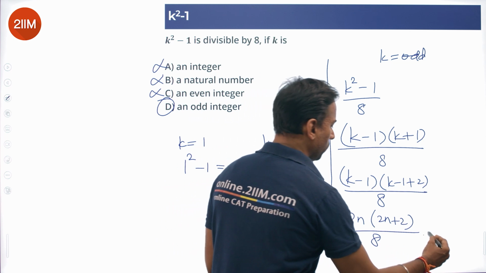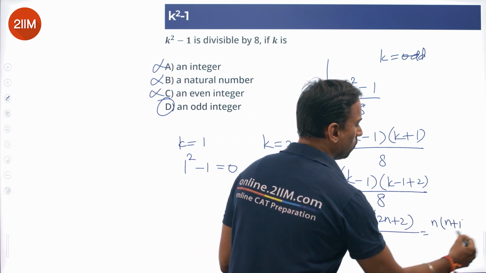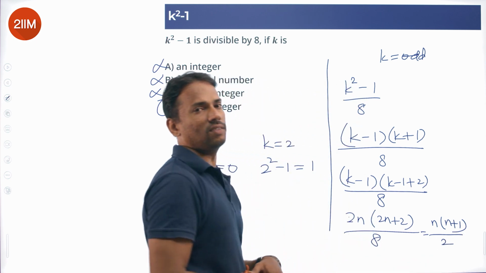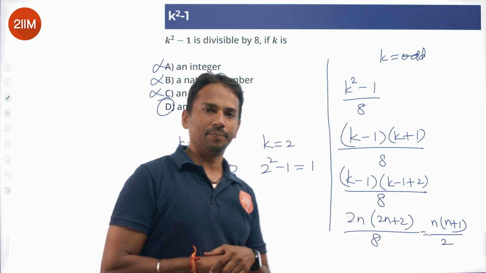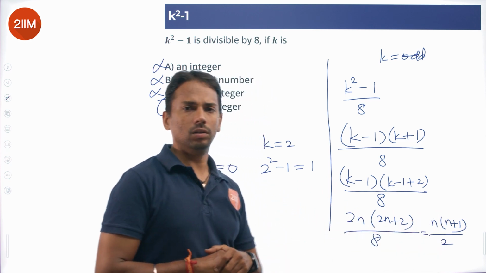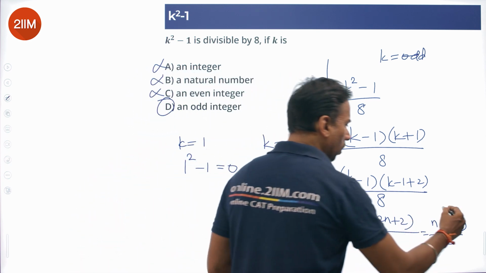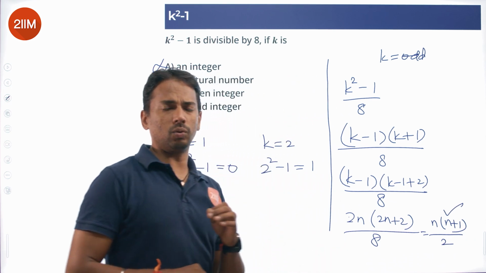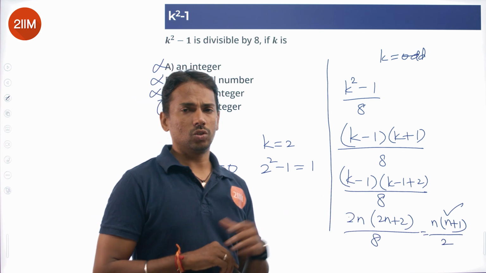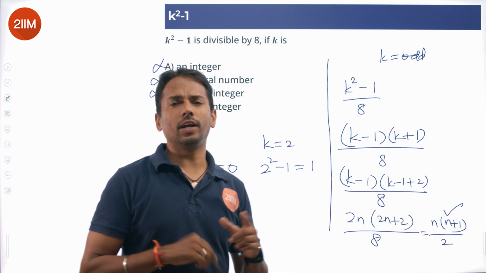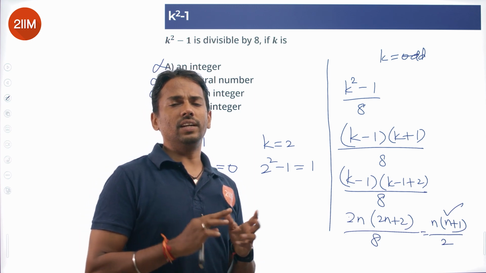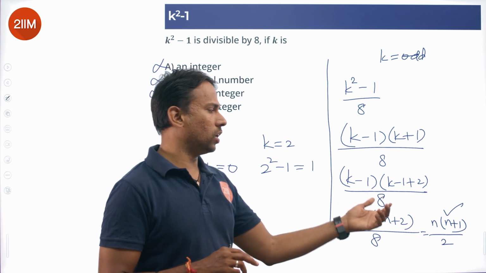So we'll be ending up with n into n plus 1 by 2. 2 times 2 is 4, we'll have a 2 cancelled and we'll have a 2 in the denominator. 2 comes out, 2 comes out. n into n plus 1 by 2. n into n plus 1 is always divisible by 2 for any natural number. So this will be always divisible. Because take n into n plus 1, you are going to consider integers, always two consecutive integers.